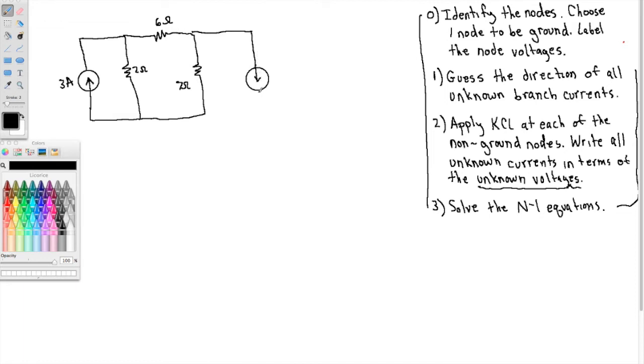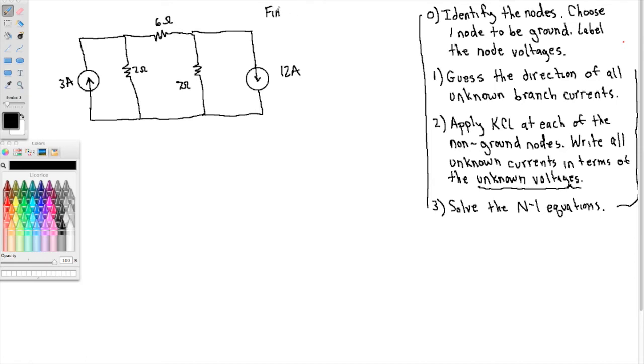Okay. So here's my circuit, and maybe the question is not just to solve the circuit, but find the power.